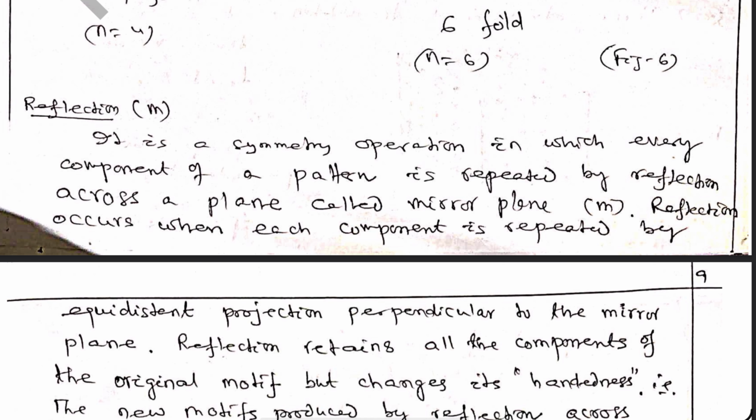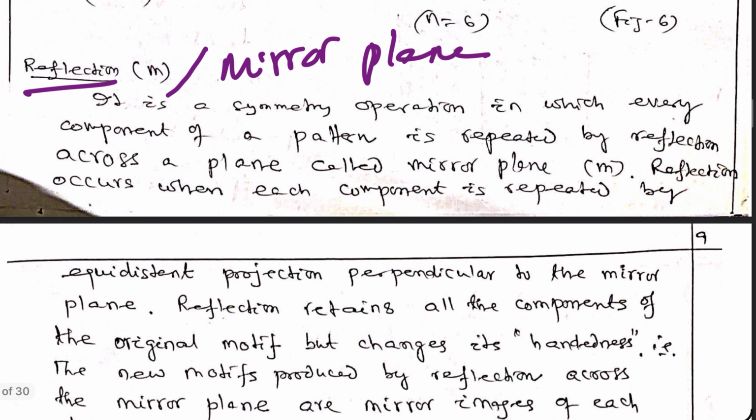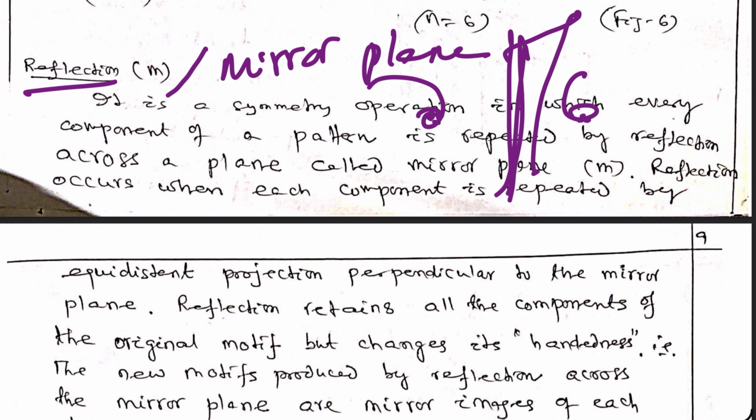In reflection, or in case of a mirror plane, the same motif is found to be repeated through a reflection over a plane. If the same object is appearing like this, then this is the mirror plane.